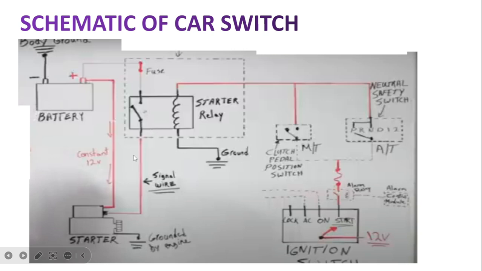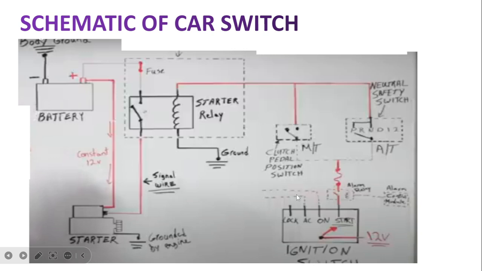Now one positive terminal is directly connected to this, but between these they have used the starter relay. When this connection is closed, only at that time the starter is going to start, right? Actually this will not be visible properly, but I will tell you.